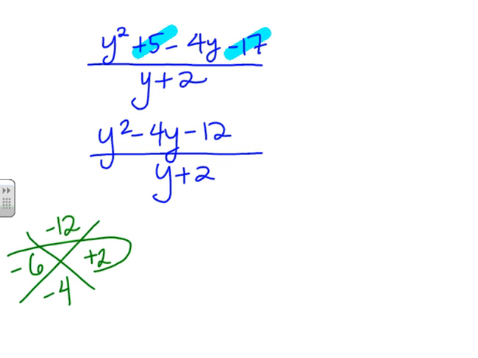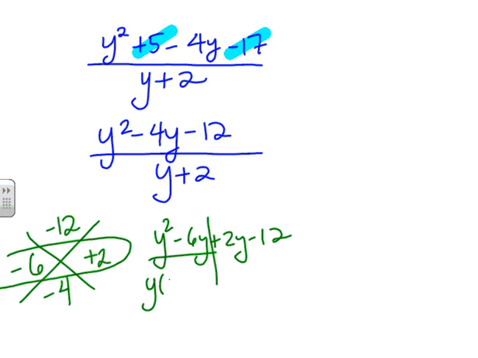We're going to use these numbers to rewrite that trinomial as a polynomial, y squared minus 6y plus 2y minus 12. That way we can use grouping, pull out the y, leaving behind y minus 6, and the common binomial on the other side.